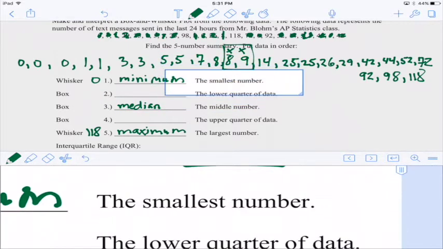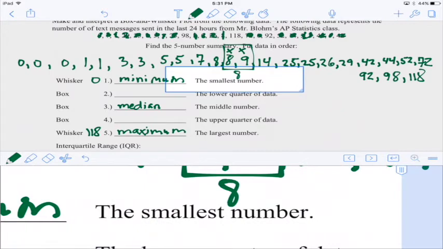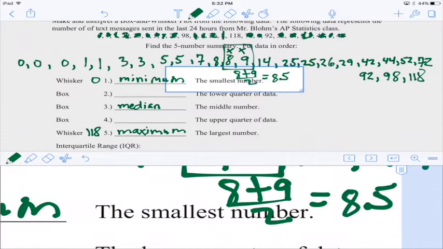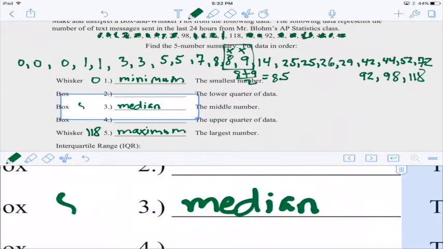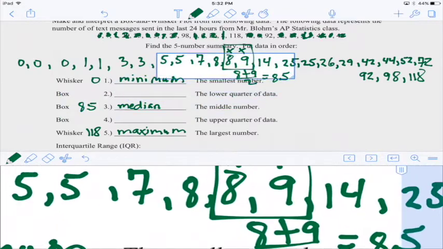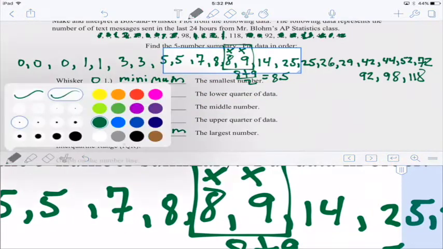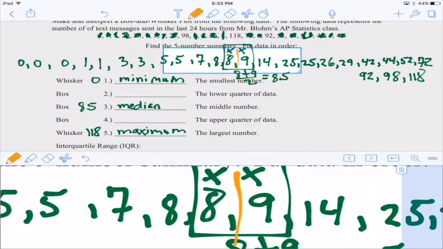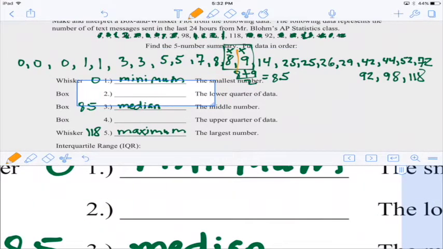So 8 and 9, I add them up and find their average, which is 8.5. So my median is 8.5. Remember, you only have to do that if it's even. And then I'm going to split my data in half from there to find my quartiles.